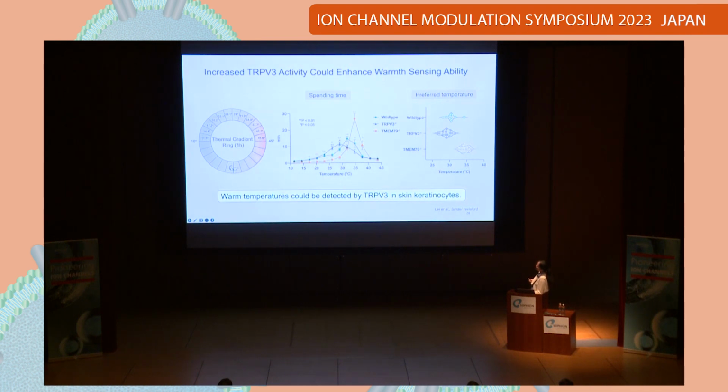So this really indicates TRPV3 is involved in warm sensation. Interestingly, the TMEM79 knockout mice spent nearly half of their time at a higher temperature, about 35 degrees. So we assume this behavioral preference is caused by the increased TRPV3 activity in the TMEM79 knockout keratinocytes.